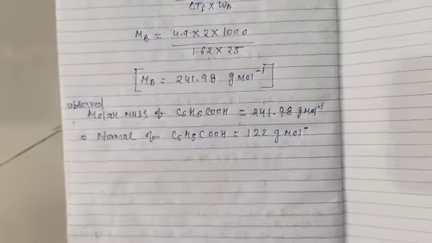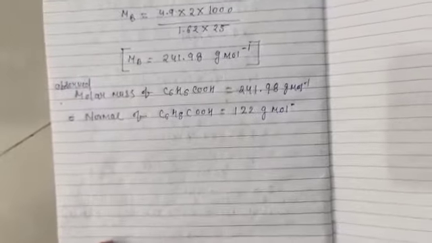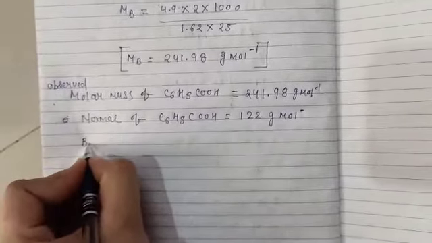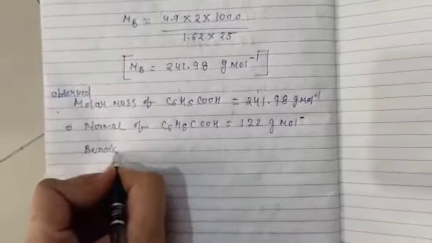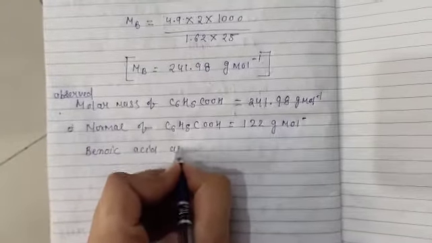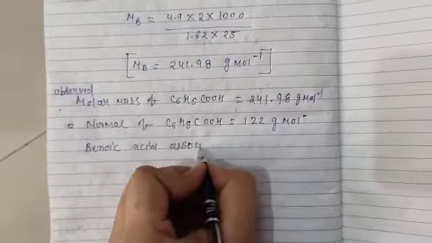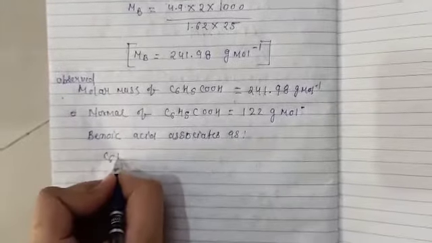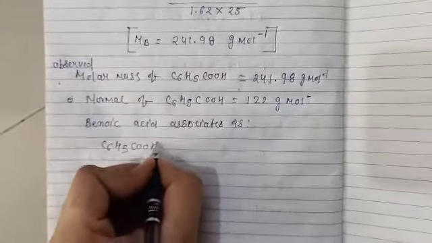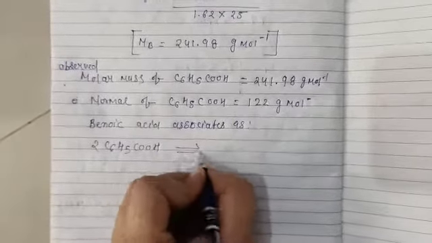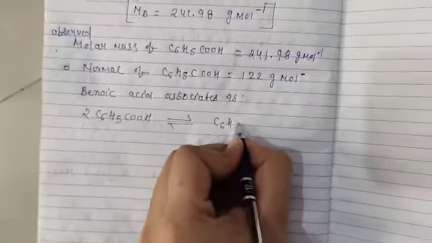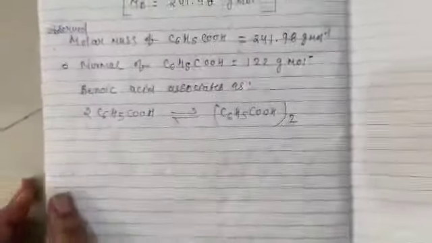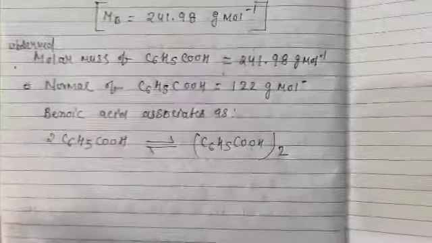Now in the question it is given that this associates into a dimer. So let's do it. Degree of association. Benzoic acid associates as C6H5COOH, 2 molecules, because it forms a dimer, (C6H5COOH) twice. Now let's apply the concept of degree of association.